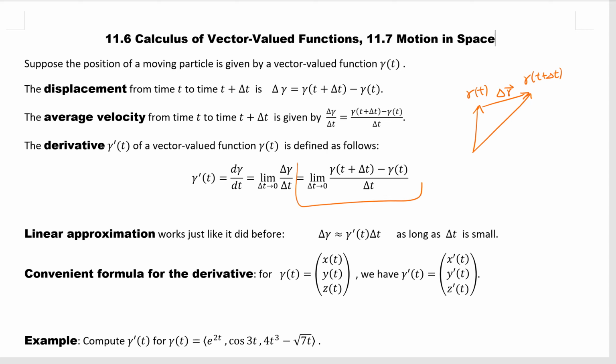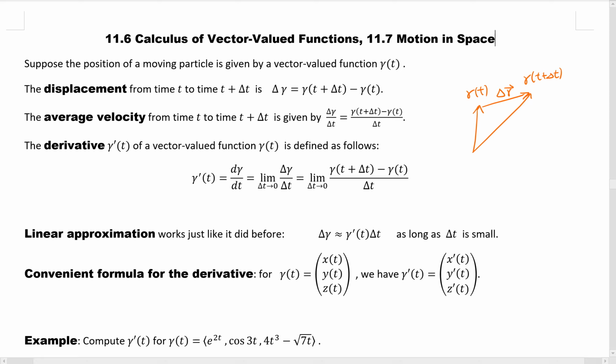It's very similar to what we learned before in Calculus 1, but instead of just a scalar valued function, now we have a vector valued function, but each coordinate function works the same way as before. Linear approximation works just like it did before: change of gamma is approximated by the derivative times change of t, as long as the change of t is small.